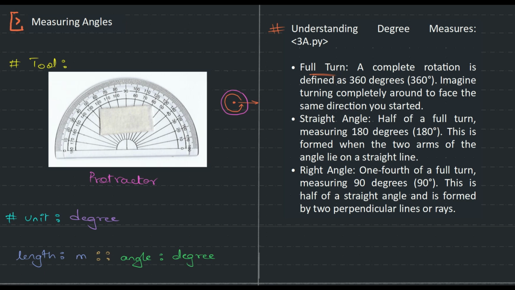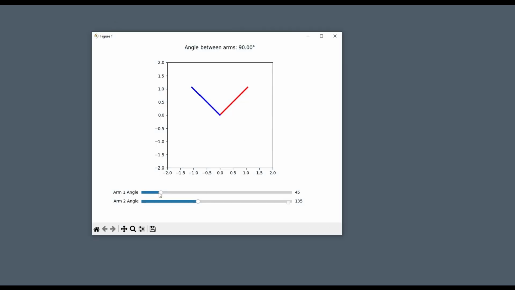For example, let me show it this way. Consider this blue line, right? If I happen to go in this manner, the blue line has turned a full circle or full turn.